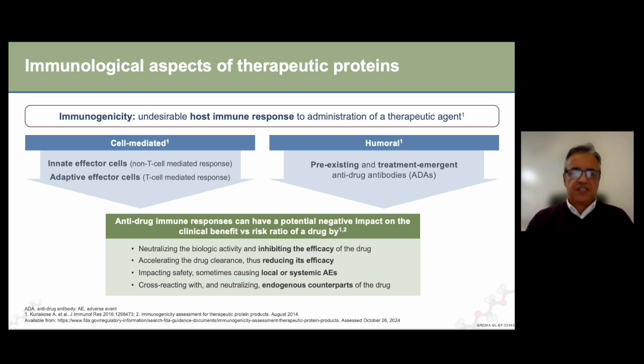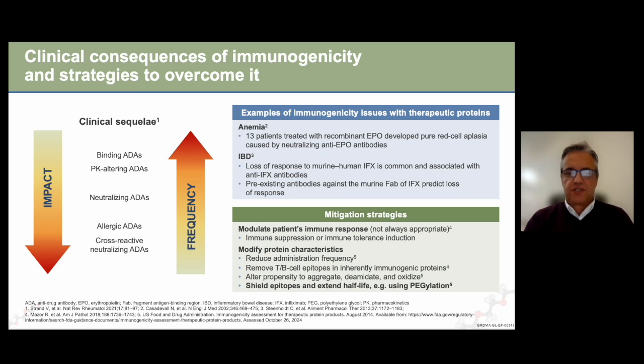So immunogenicity can lead to serious consequences in many cases. But what is important here is that when you look at the clinical sequelae, we can see that the clinical symptoms and signs usually occur at a low frequency.